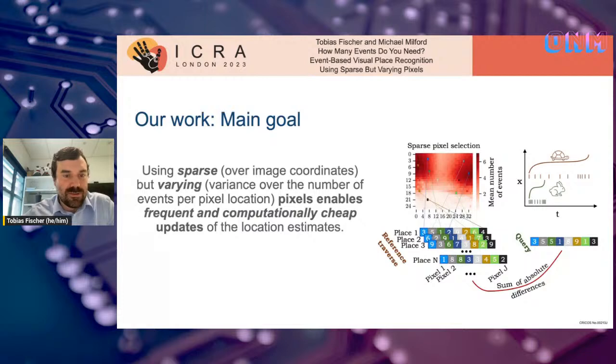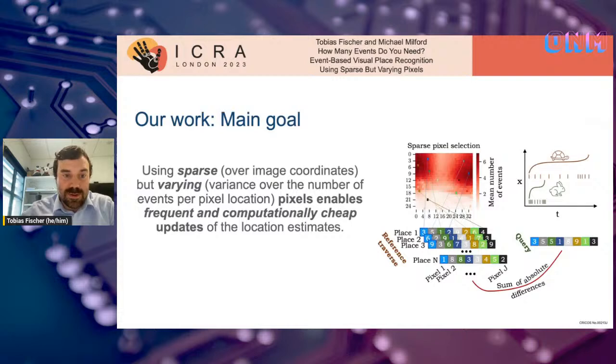So we don't want to have a very, very flat event rate, because that's not going to tell us anything about the place we are in. And if we do that, we can do frequent and computationally cheap updates of the location estimates.